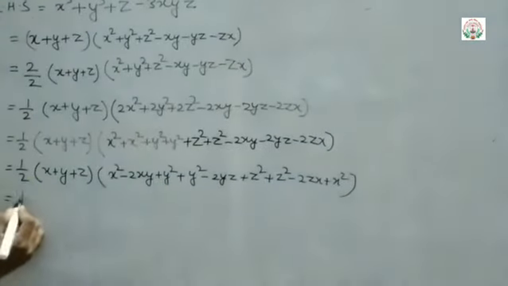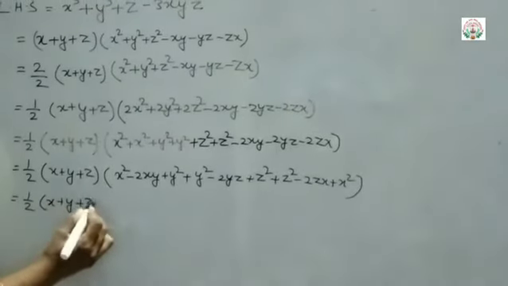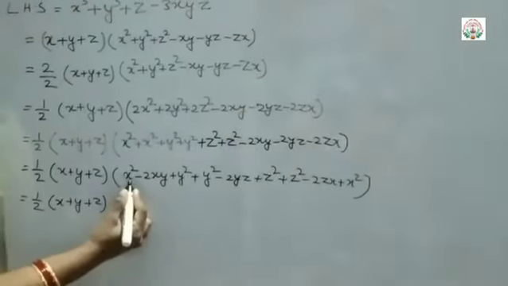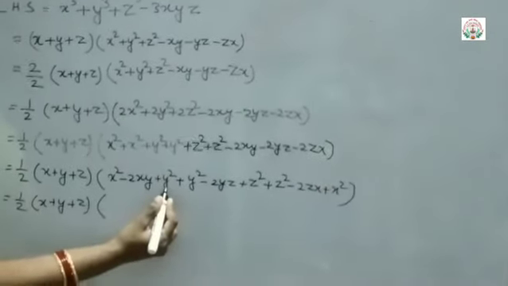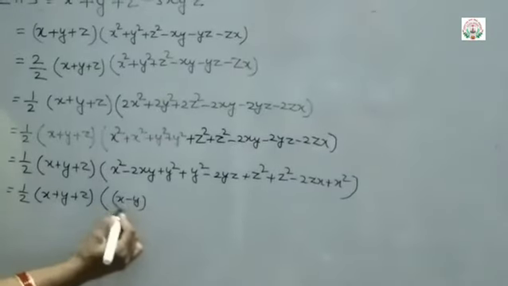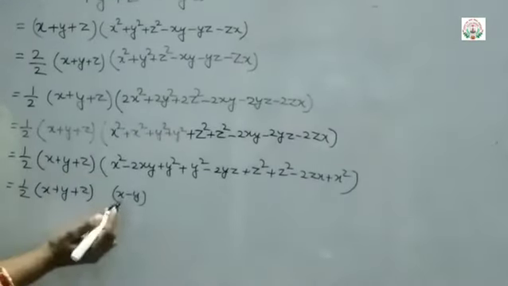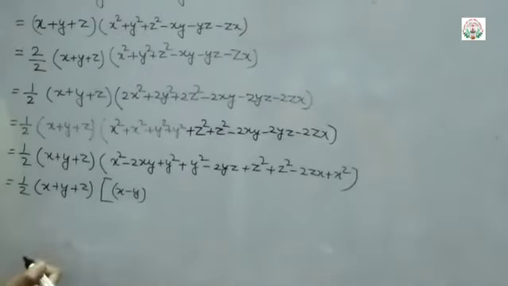Now after that 1 upon 2 into (x plus y plus z). Then this is a square minus 2ab plus b square. What is that formula? (a minus b), that is (x minus y). Here I will change the bracket because a round bracket is already there, so I will use a square bracket.